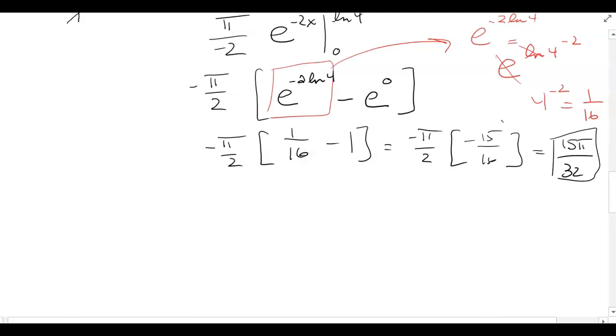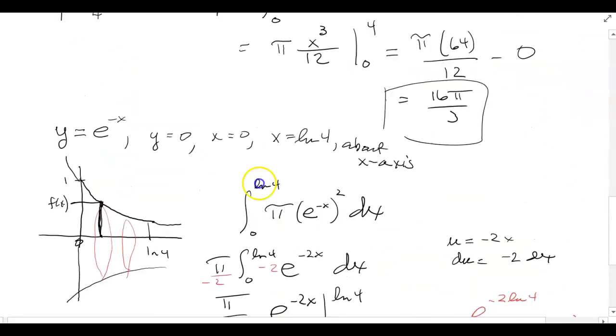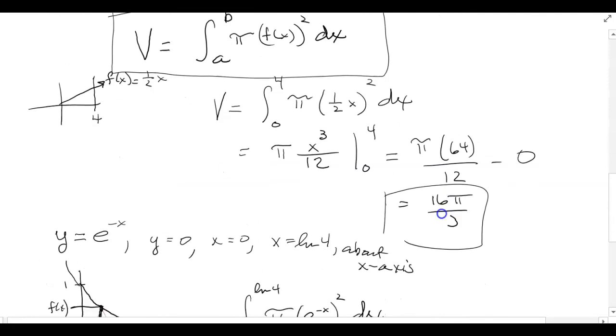So what would that look like? Well, your disk method is going to be very similar to this function. All right, very similar indeed.